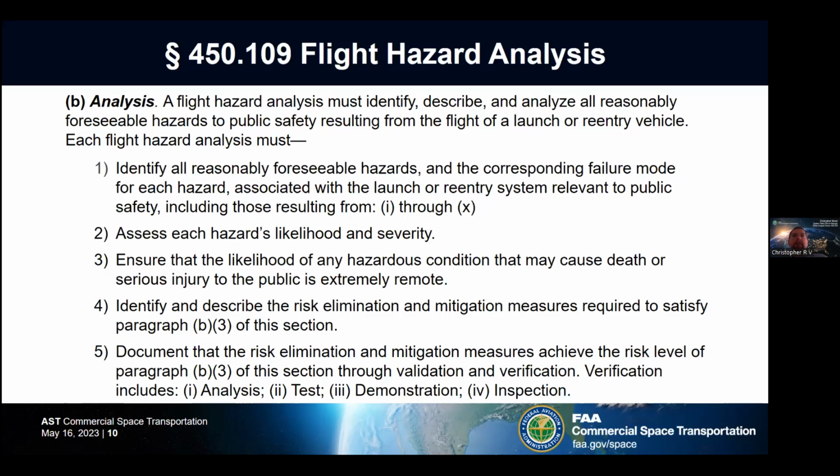Each flight hazard analysis must identify all reasonably foreseeable hazards associated with the launch or reentry system relevant to public safety, assess each hazard's likelihood and severity, ensure that the likelihood of any hazardous condition that may cause death or serious injury to the public is extremely remote, identify and describe the risk elimination and mitigation measures required to satisfy the above, and document the risk elimination and mitigation measures achieve the risk of paragraph (b)(3) through validation and verification.